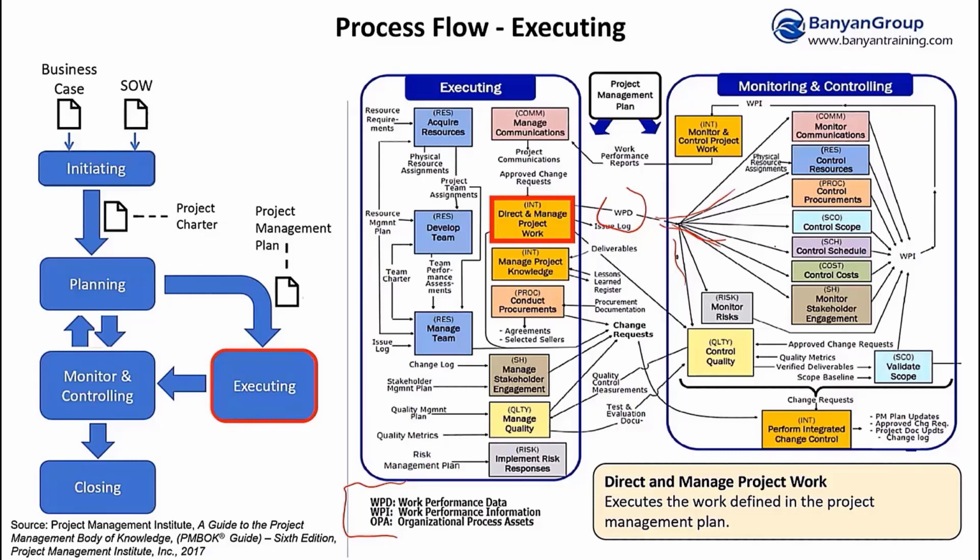Those are the cost measurement processes. Schedule processes are saying, how far along are we in our schedule versus how far along should we be, right? And that's what all the monitor and control processes are doing, taking that raw data coming out of execution and comparing it against the project plan documents. So very important output of this process.